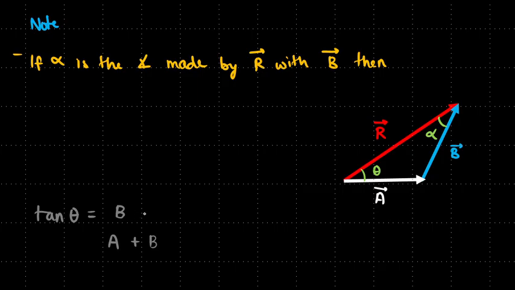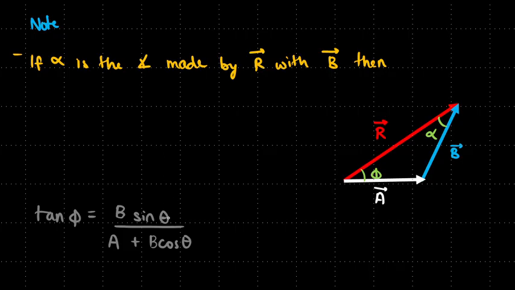Then since there is tan, just keep sine theta. Sorry, this is phi. Yep, this was phi. And here will be cos theta. So theta is the angle made between A and B, not with R and A.